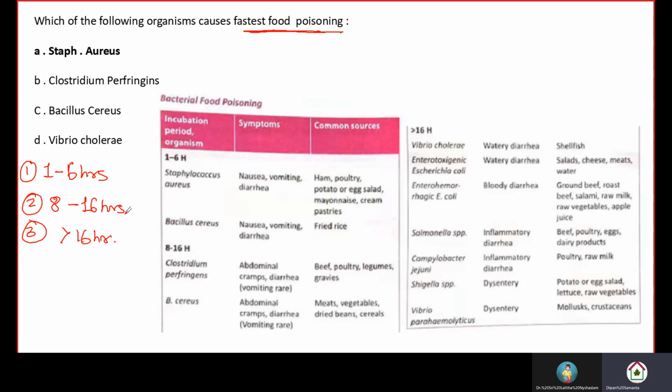Now, if food poisoning occurs within 1 to 6 hours right after having the food, it should be Staphylococcus aureus or Bacillus cereus.